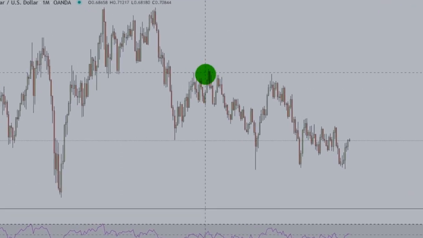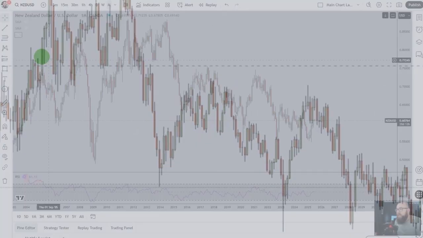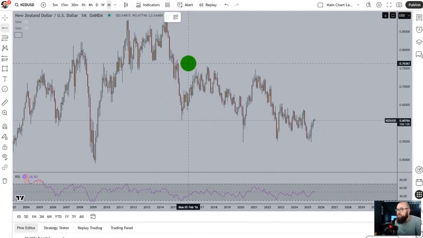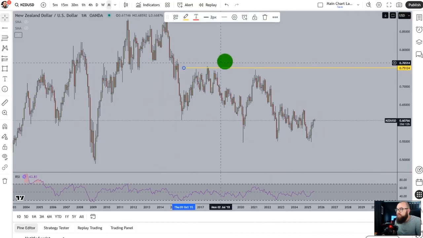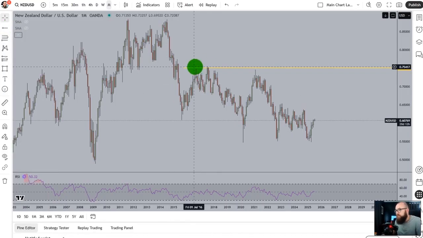So this first reversal here, let's focus on this reversal here. And on my chart, I'm going to use just a horizontal line like this. If you're using TradingView, you can just use the lines here at the top left, choose the line you want. I'm using horizontal ray to create this horizontal line. That's the first way, and the very simple way to draw horizontal support and resistance.